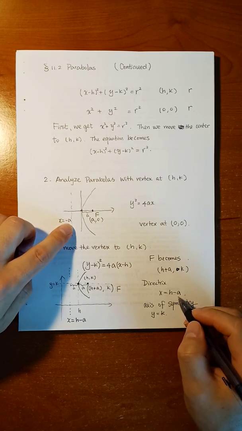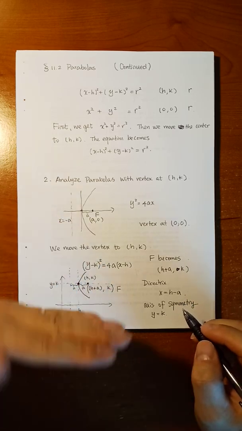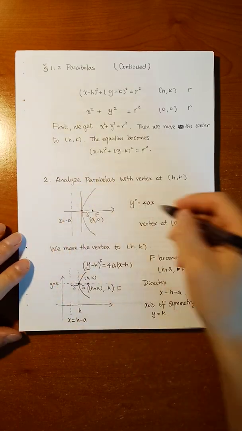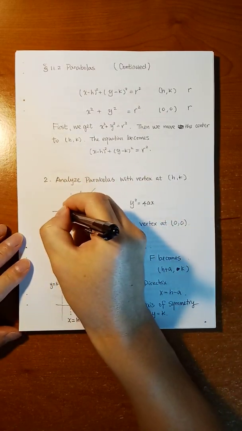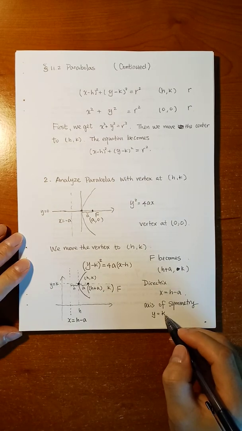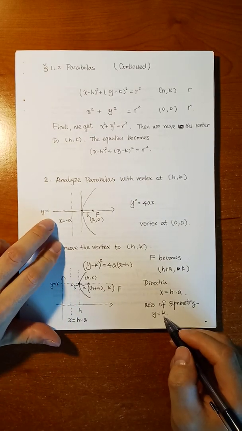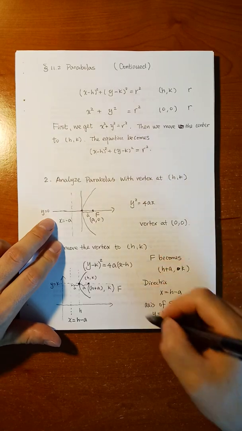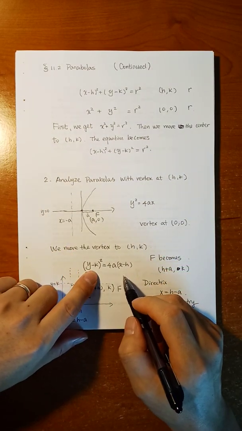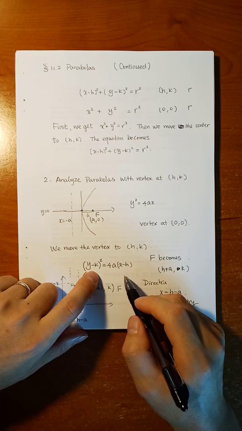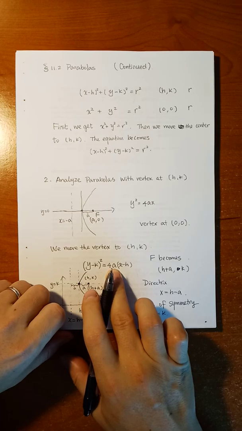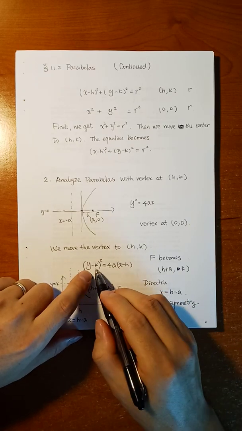The original axis of symmetry is y equal to 0, the x-axis. Now it is y equal to k, because 0 plus k is k. So here it is always addition, but in the equation part, it's a difference: x minus h, y minus k.